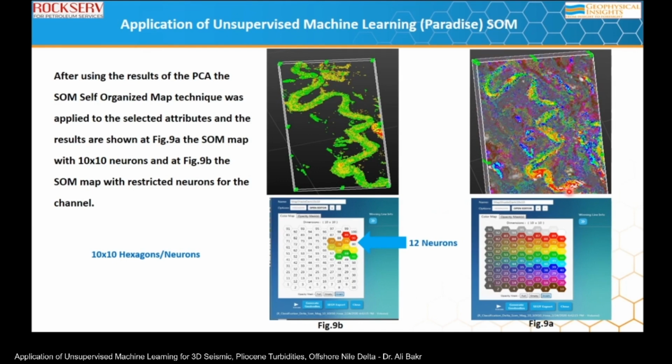To the right, the 10 by 10 SOM maps, and to the left, just 12 neurons out of the 100 neurons have been used to identify the channel itself. From this 10 by 10 SOM map, you can see that it's defined very clearly for the channel itself, or the segment 1 of the channel, and the 3 reds.